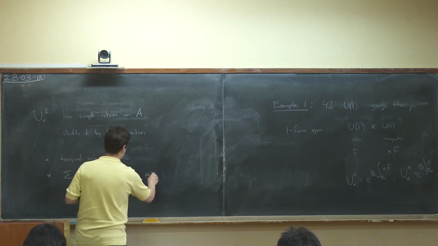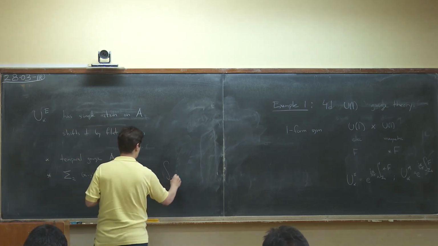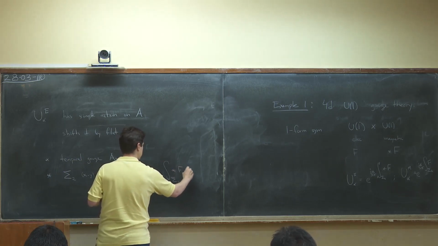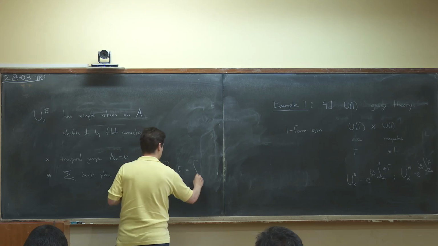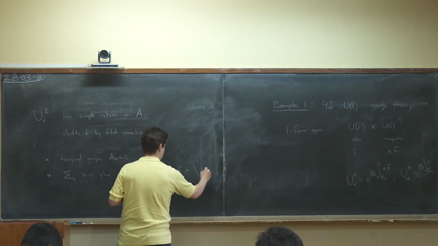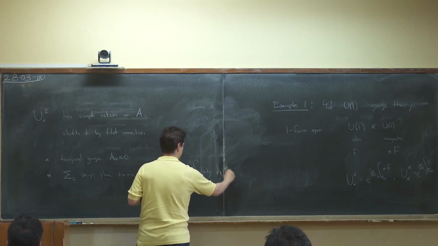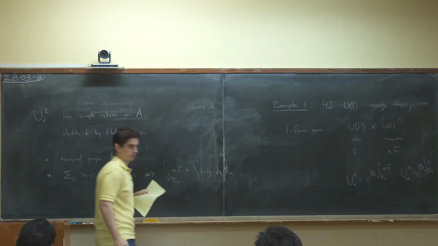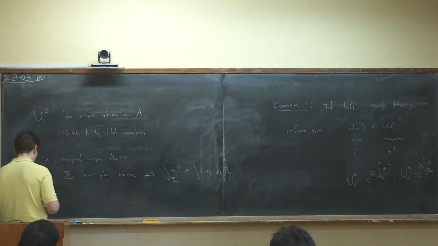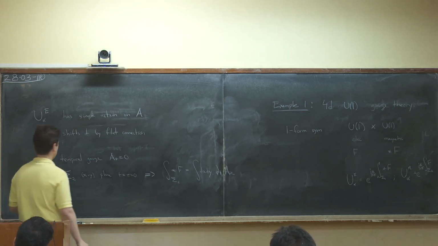So this implies that the integral over sigma 2 of star F is the integral over dx and dy of partial t of A_z.